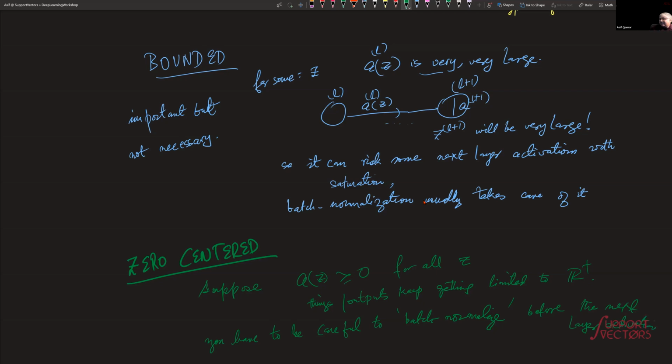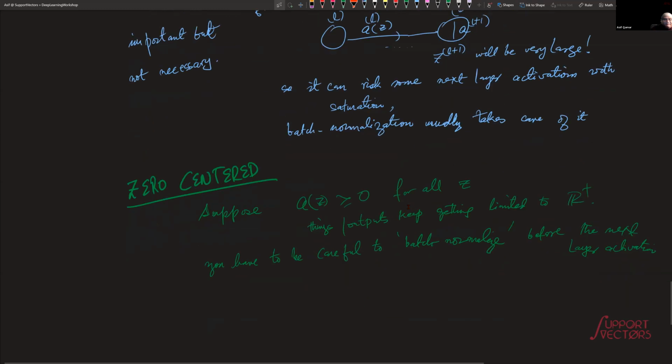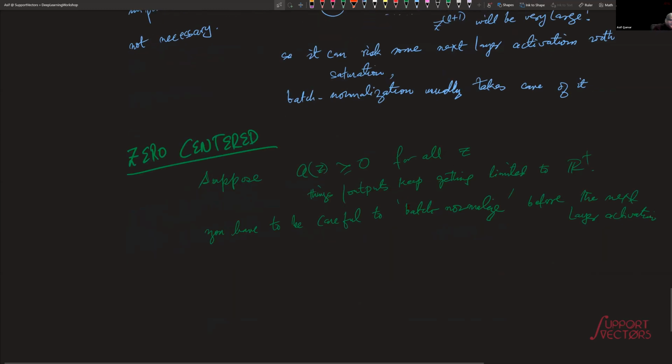It's just a thing. So what it means to be zero-centered is to have both positive and negative valued outputs. Okay. So in general, it's good to have.